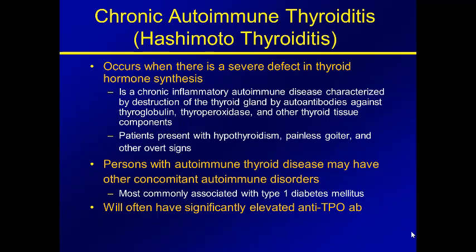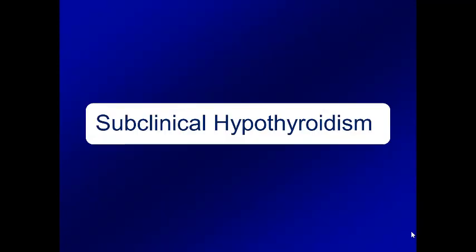A person with autoimmune thyroid disease may have other concomitant autoimmunity like rheumatoid arthritis, systemic lupus, Sjogren syndrome, sometimes associated with type 1 diabetes. So annually, with a type 1 diabetic patient, please ask for TSH for fear of concomitant hypothyroidism. They will often have significantly elevated anti-TPO, anti-thyroid peroxidase titer.